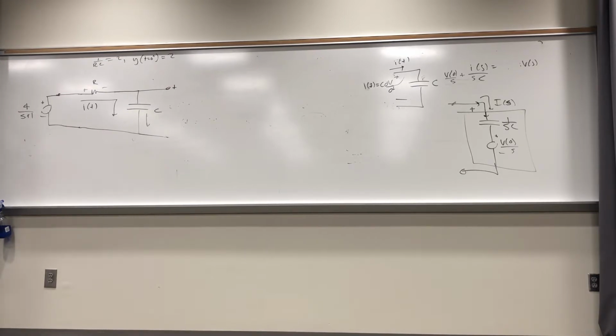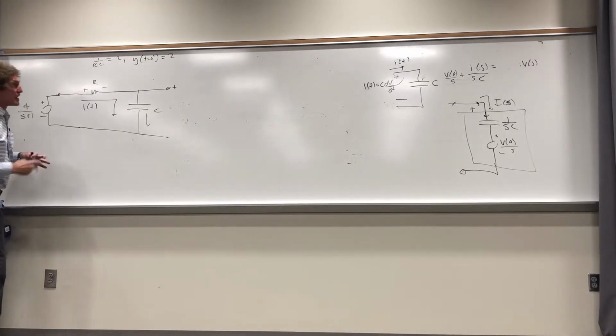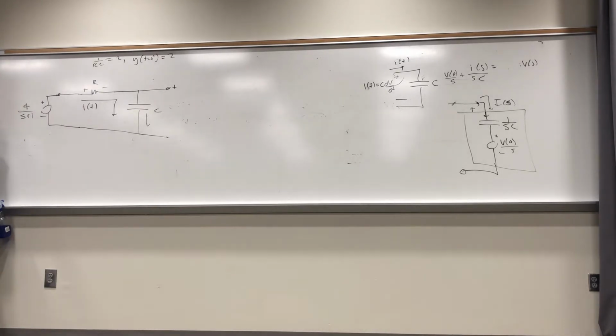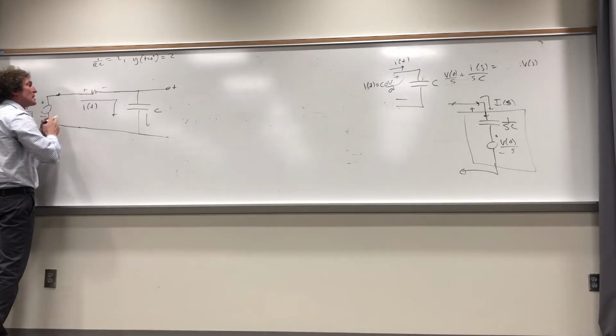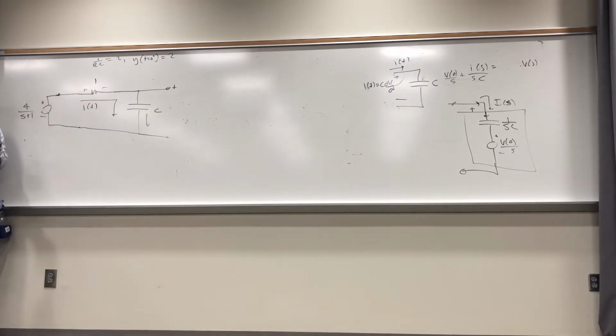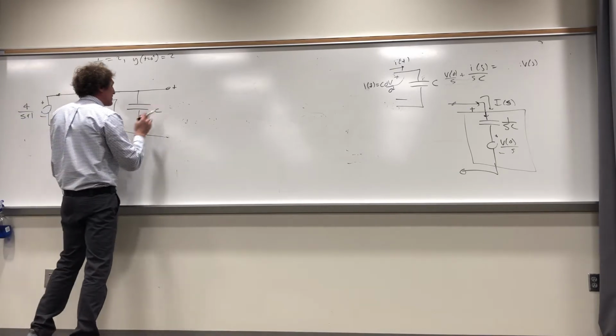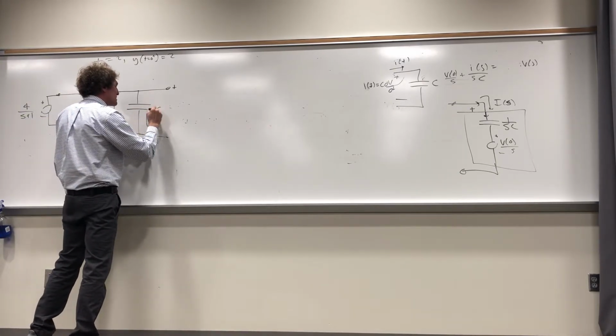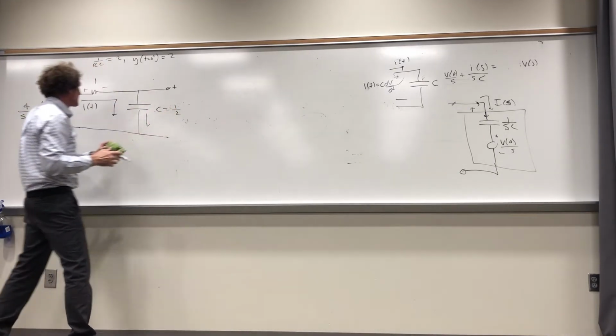Now this is an electrical source. That's the value of the electrical source. 4 over s plus 1. Here, that's the resistance. I said 1 over RC is 2, so I'm going to make R 1. How's that? Can't get any easier than that. And I'll make C a half. All right? So C equals 1/2. Make it easy on myself.